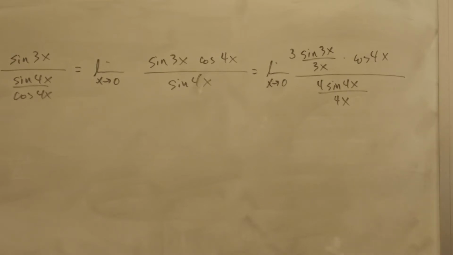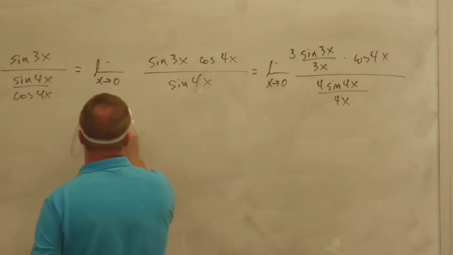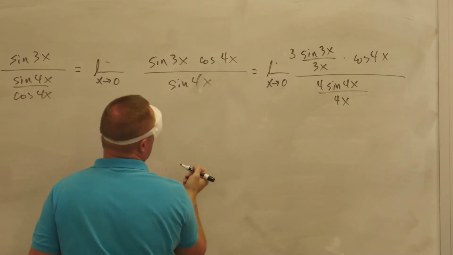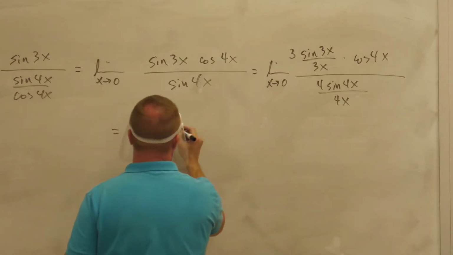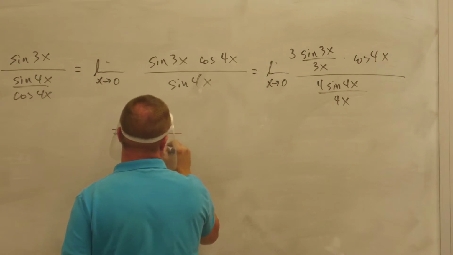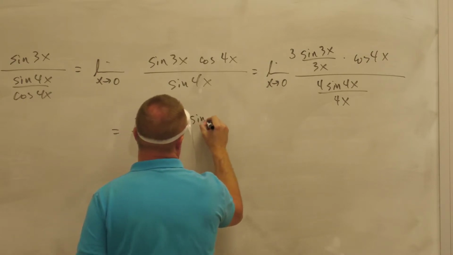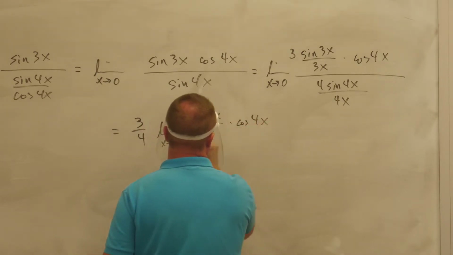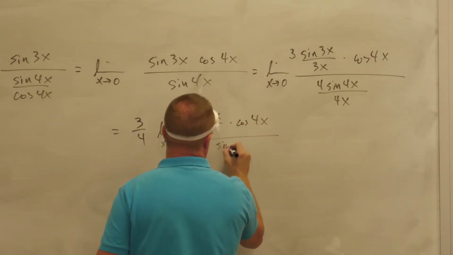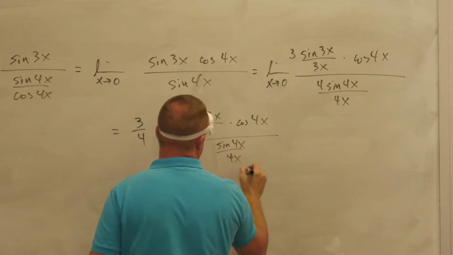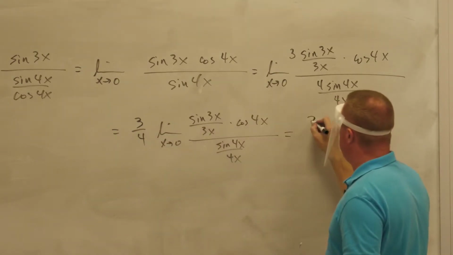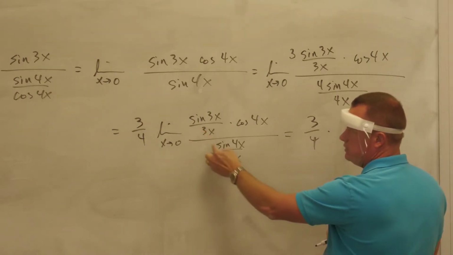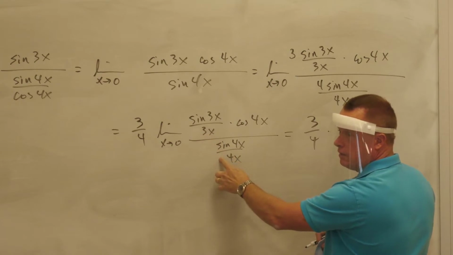All right. So you got a 3 and a 4 there that you can bring out in the front. And then just take the limit of all of this. Let me write it one more time. Limit as x approaches 0. So I get 3/4 times sine 3x over 3x times cosine 4x over sine 4x over 4x. What is the limit as x approaches 0 of these two here? 1.